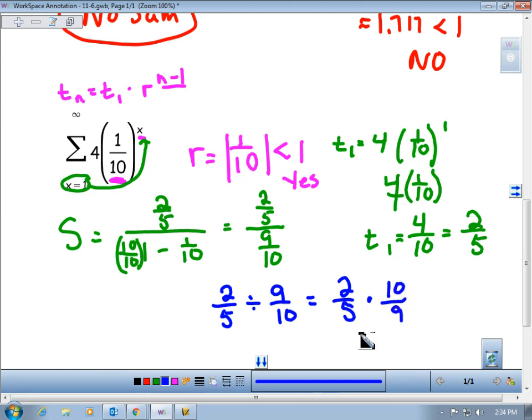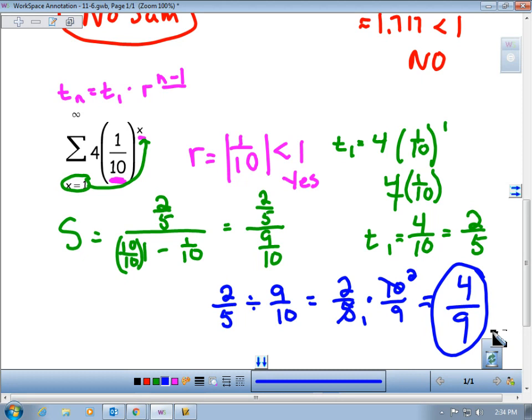And then what can you simplify here? The 5 and the 10, right? So what do we get here? 2 times 2 is what? 4. 1 times 9 is? 9. Yeah, so 4/9. Now somebody say, can I plug this in my calculator? You could. What you're going to get is 0.444444 repeating, which is what 4/9 is.